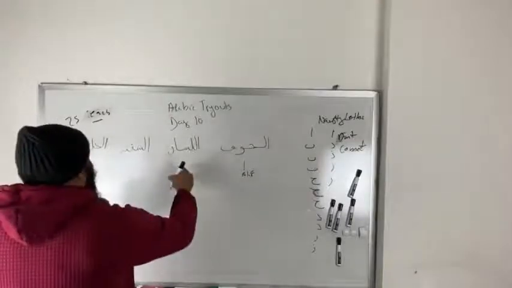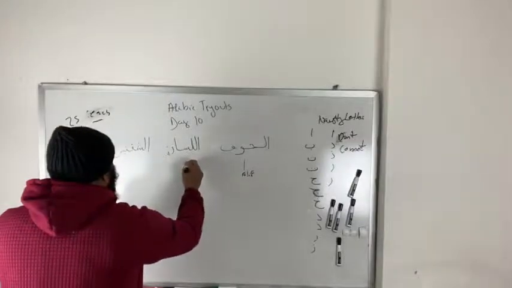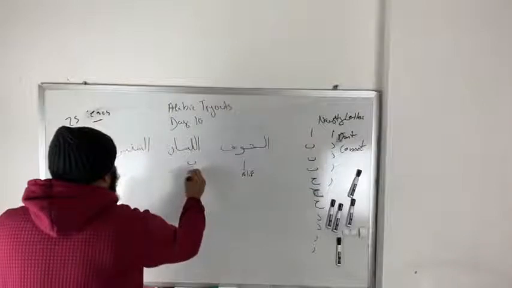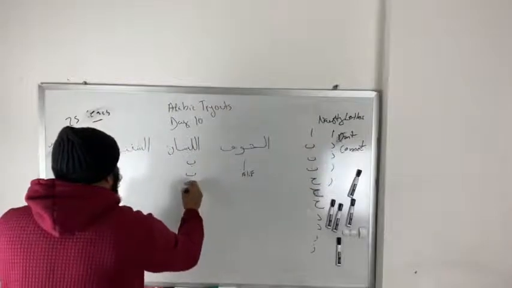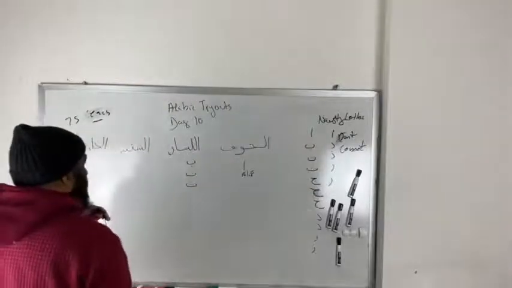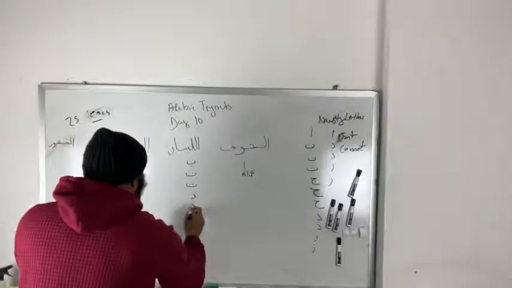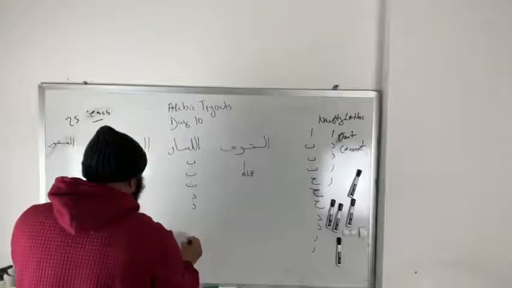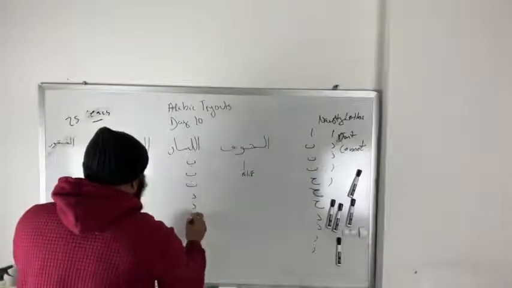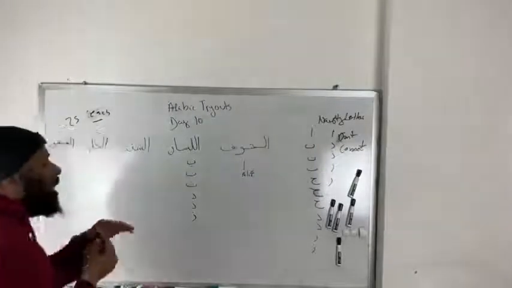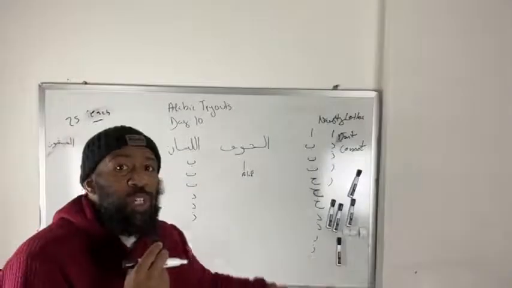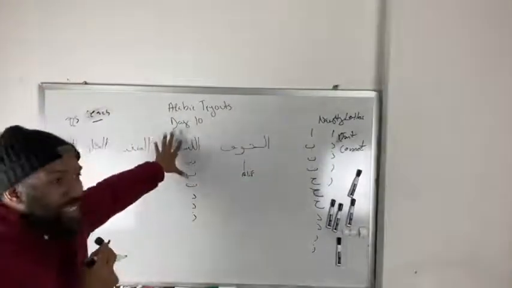We also learned that the letter Ba, Ta, Tha, Dal, Zal, Zay. We learned that these letters here, from the 9 letters we covered, all come from the tongue.